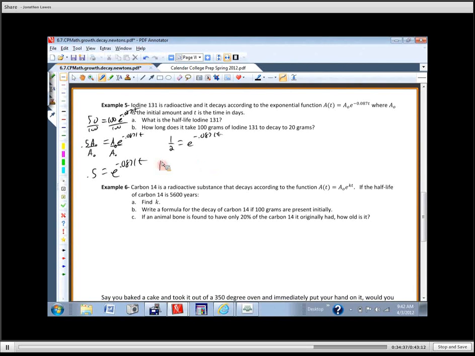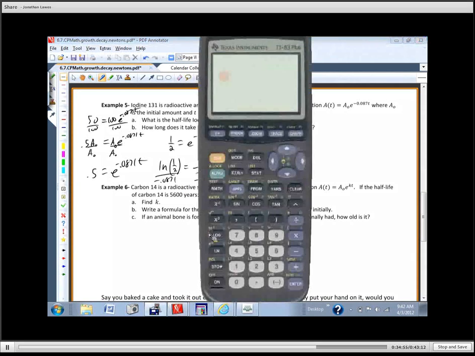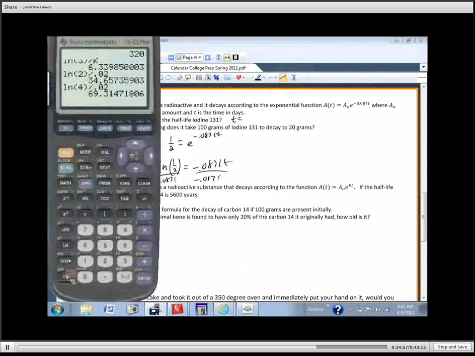ln. So ln of 1/2 equals negative 0.0871 times t, and then we're just going to divide. So we get t equals ln 0.5 divided by negative 0.0871.